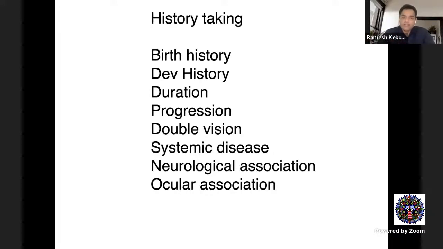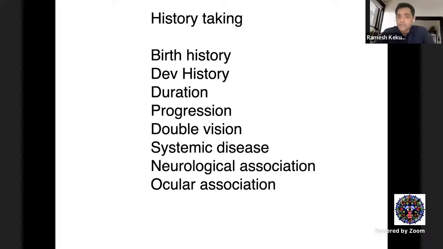Once you have this in place, then you can think about which way you're going. Okay, there is no neurological association, it's good. The patient does not have seizures, headache, vomiting. So I'm ruling out a neurological cause, not always, but most of the time. Whether the patient has diplopia or not, whether the patient had any prior ocular surgery.